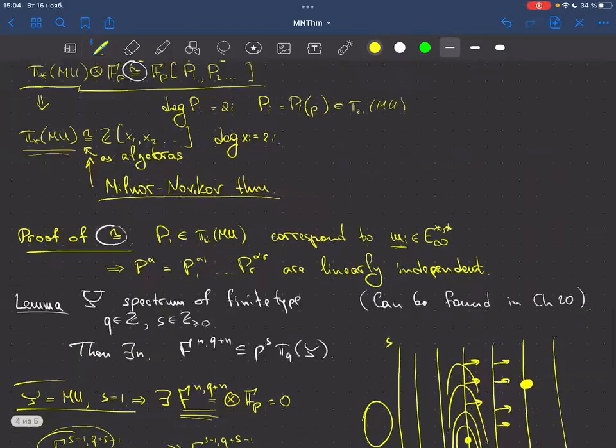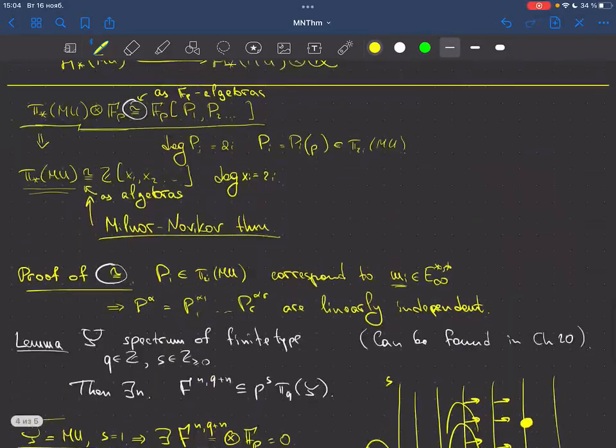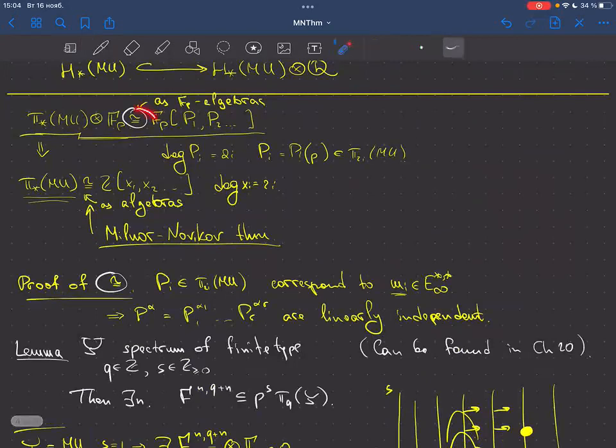And this is it. So we have proved this isomorphism, and as a corollary of this, we obtain the general Milnor-Novikov theorem.